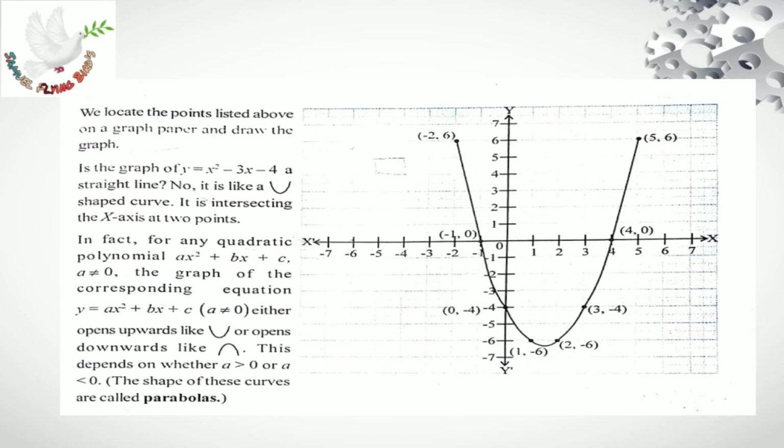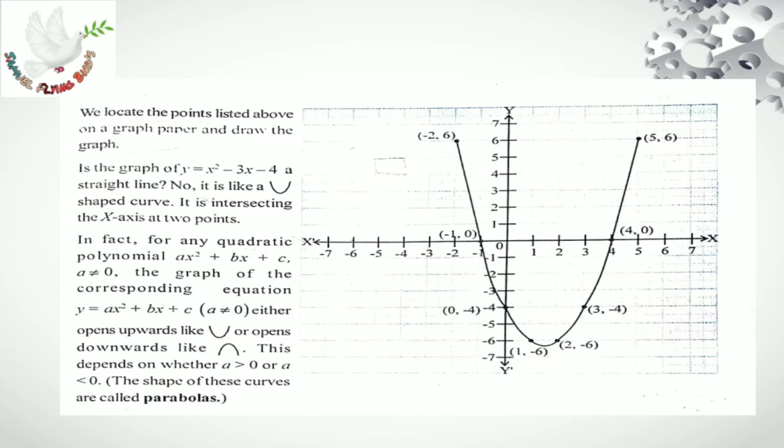Here the values are considered as: when x is -1 the y is 0, when x is 0 the y is -4, when x is 1 the y is -6, when x is 2 the y is -6, when x is 3 the y is -4.